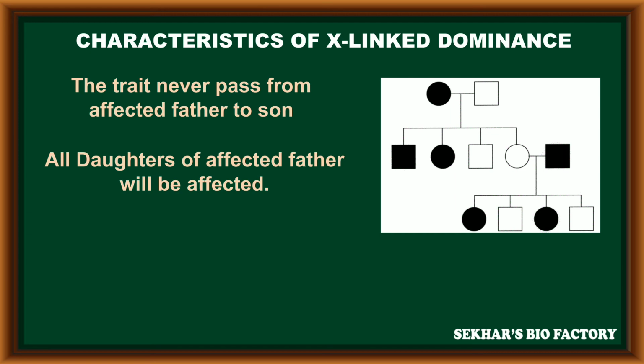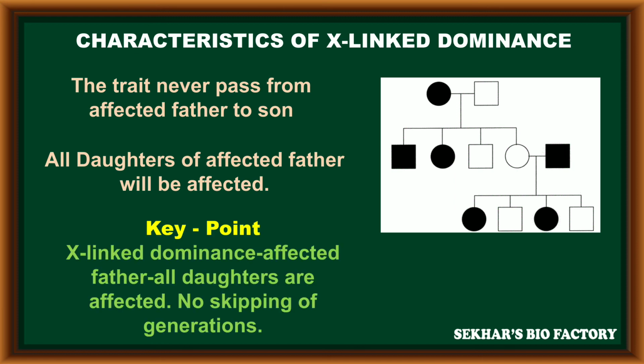Affected individuals have at least one affected parent. The important key point is, in X-linked dominant disorders, an affected father has all affected daughters, and there is no skipping of generation. With this character we can confirm that it is an X-linked dominant disorder.